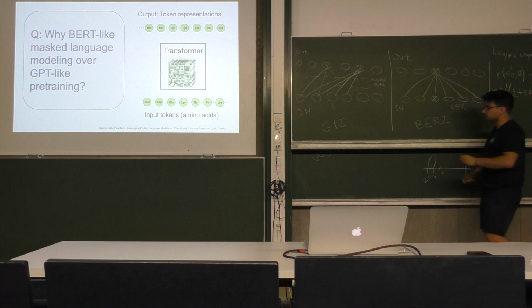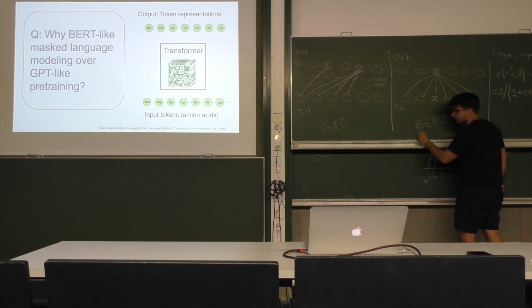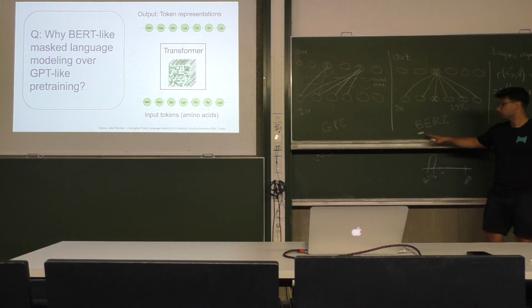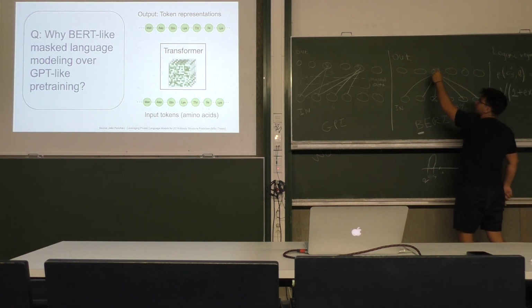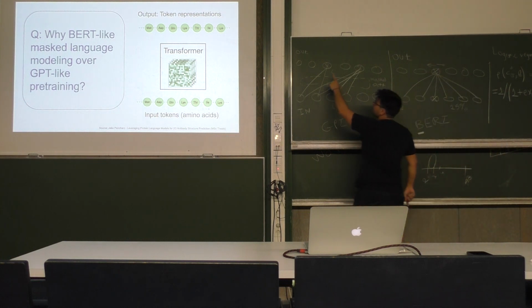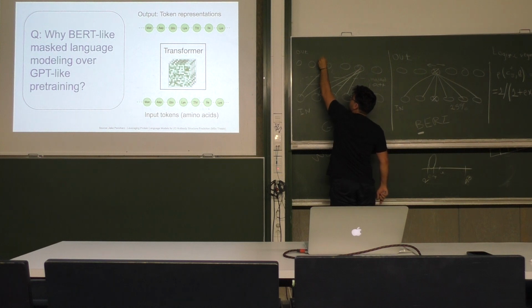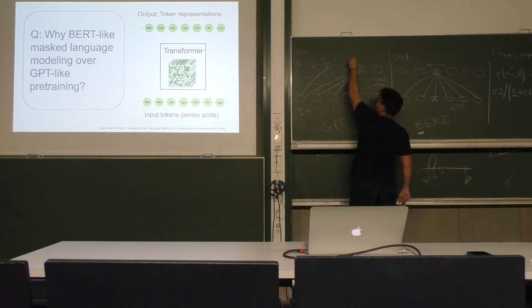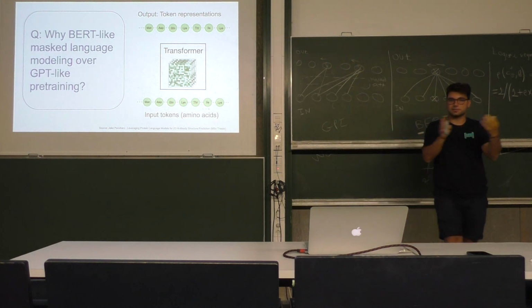That's what this B stands for in the BERT paper. This B stands for bidirectional, which means that this token can attend to all the tokens on the right and left side, while here these tokens can only attend to the tokens that exist on the left side.